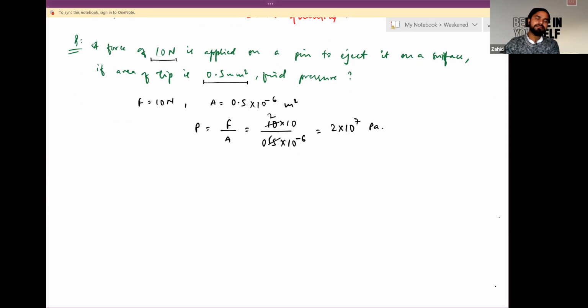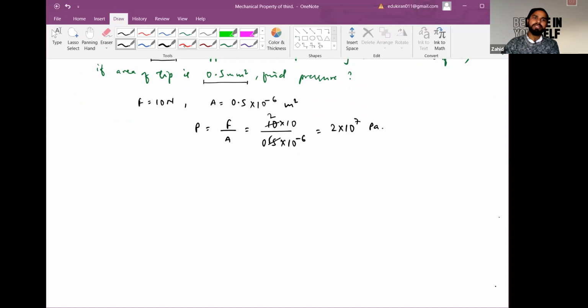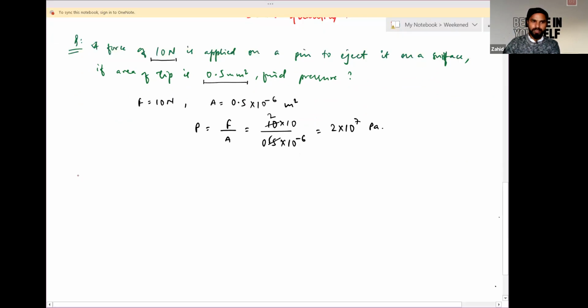Next is pressure exerted due to column of liquid, which is also called gauge pressure.